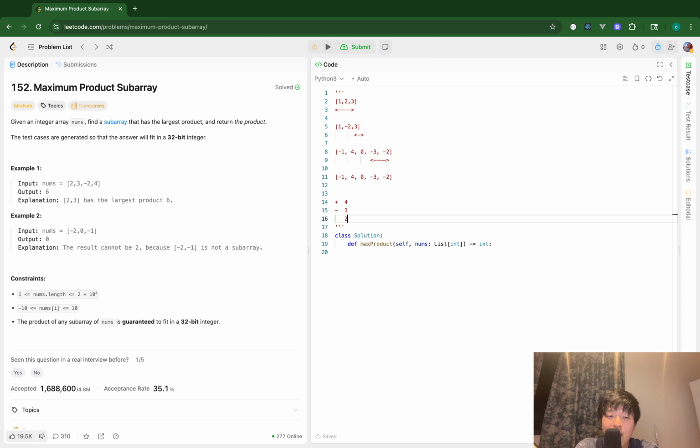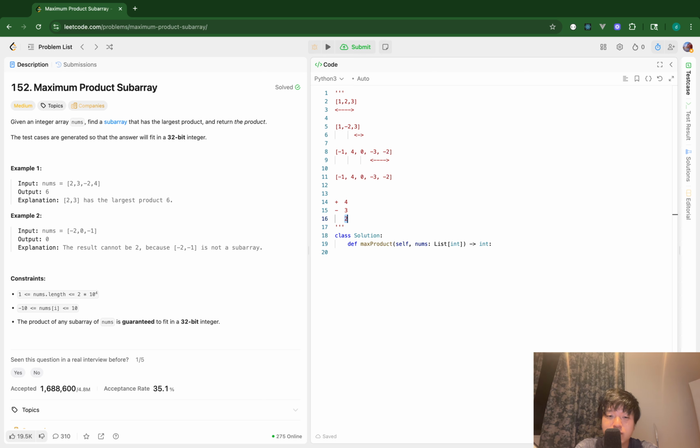And I can say if the product sign is positive, then I should pick the largest actual product. But if the sign is negative, then I should choose the smallest actual integer, I mean absolute value, to get the maximum number.